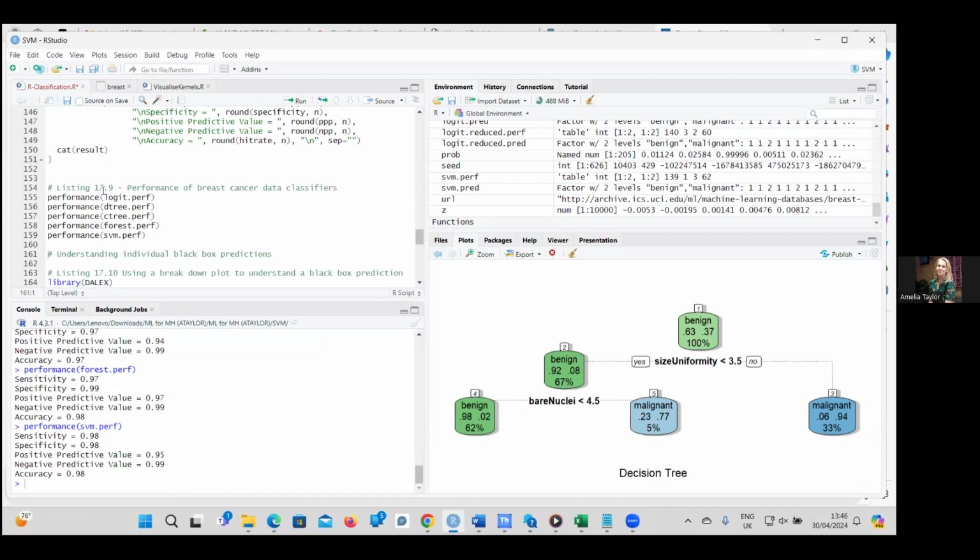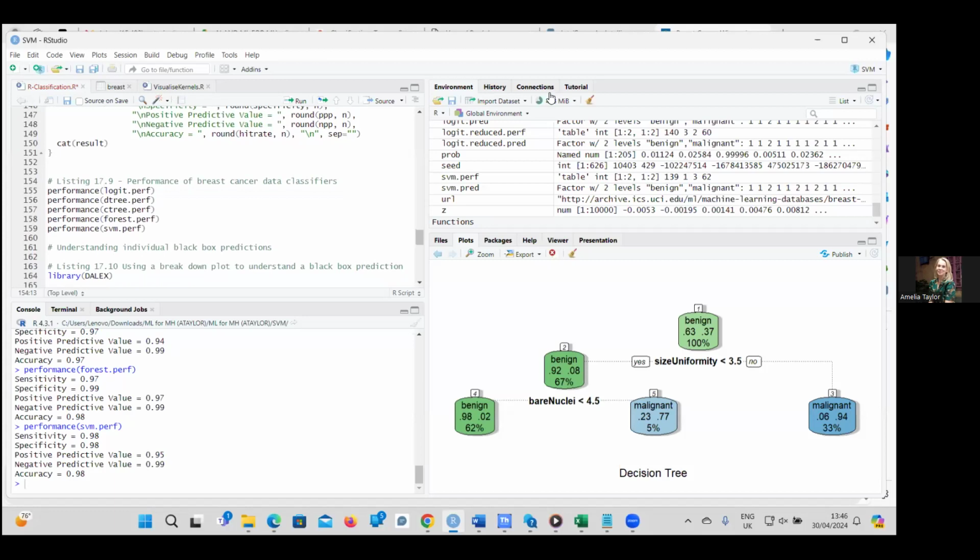Okay, so let me go back to our PowerPoint. Or maybe I should give people some time to run this. How are people getting on running this file? Maybe people can say something. Are people able to run this code? Are there any issues?